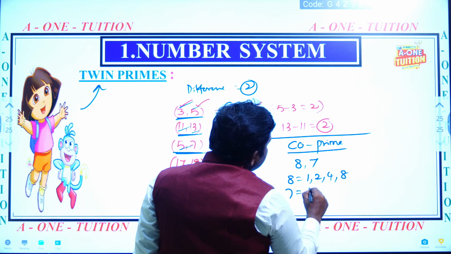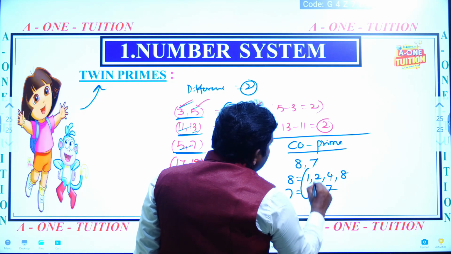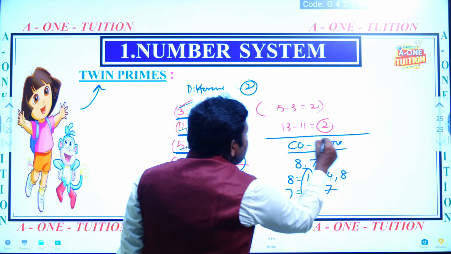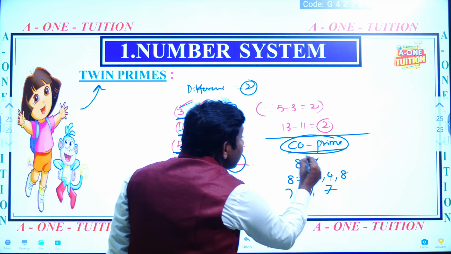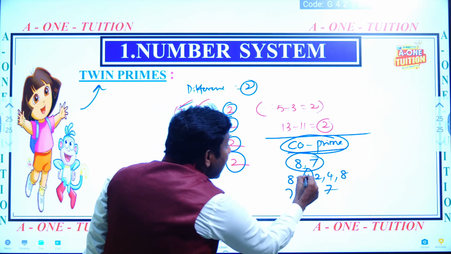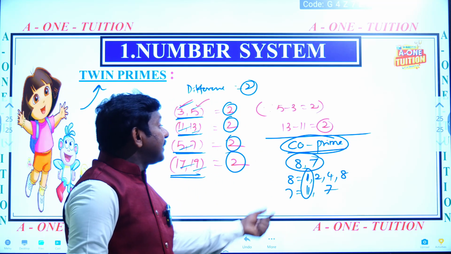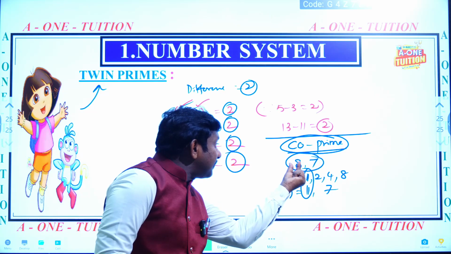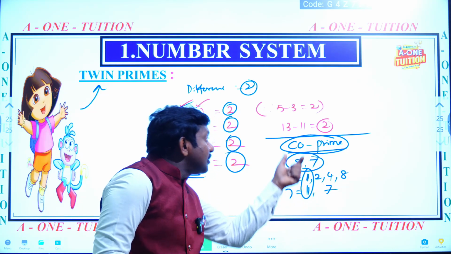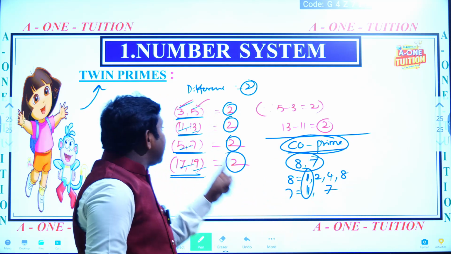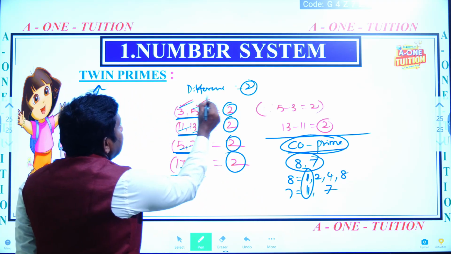What about the factors of 7? 1 and 7 only. The common factor is 1. So these numbers are co-primes. 8 and 7 are co-primes because the common factor is 1, even though 8 is not a prime.